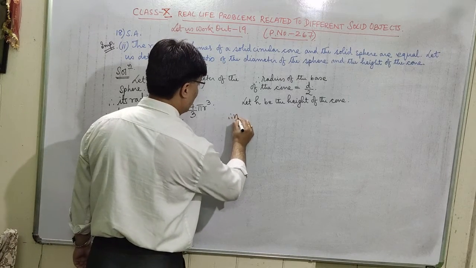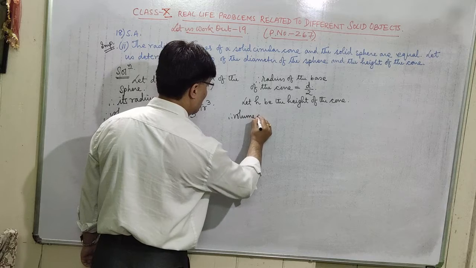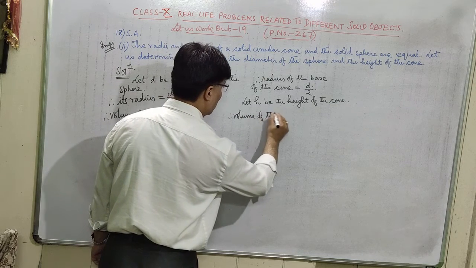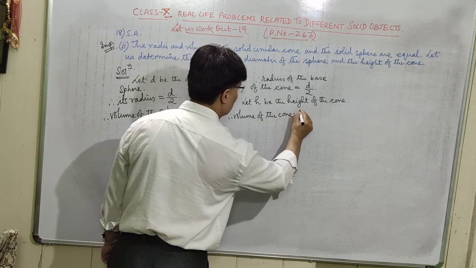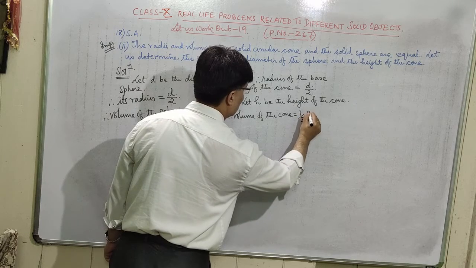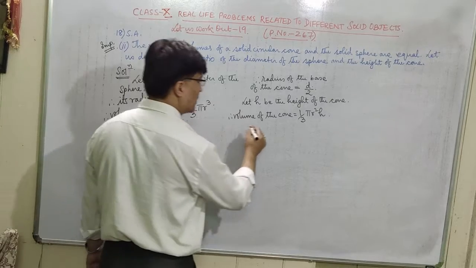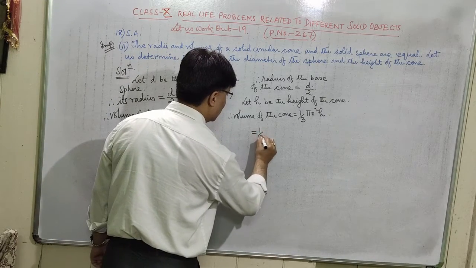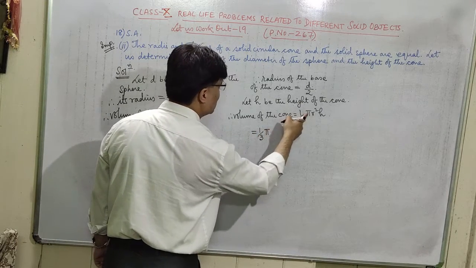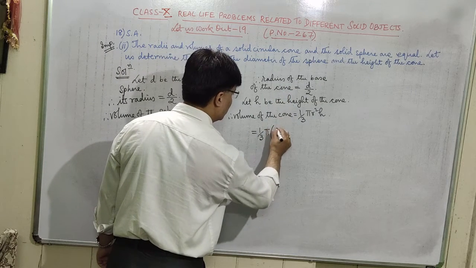So therefore volume of the cone is equal to, what is the formula? It is 1/3 pi r square h. Which is equal to 1/3 pi is kept as it is. What is radius here? It is d by 2.